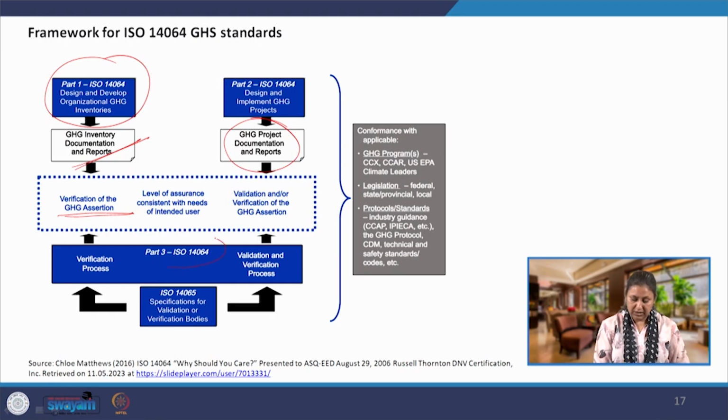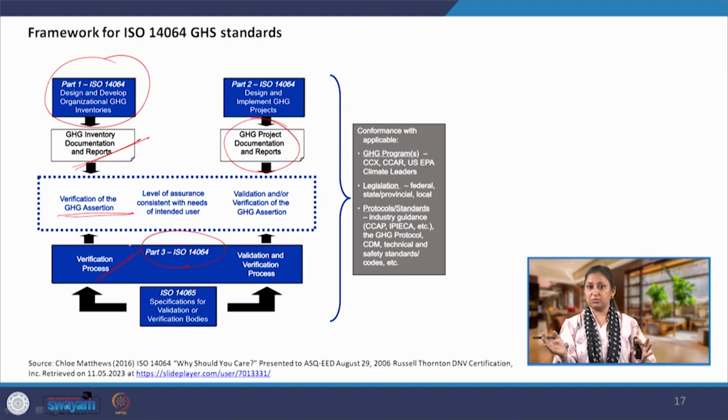So, part 3 is actually talking about the process of verification. So, one is inventory, 2 is project documentation, bringing both of them together, and the third part is verification of the process. So, whether the inventories have been understood and selected correctly, whether the data collection and the documentation part has been done correctly for the inventories.